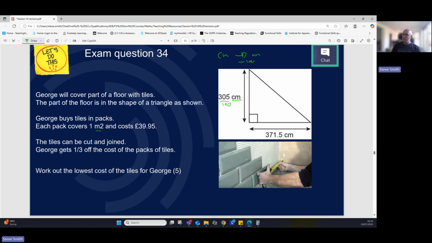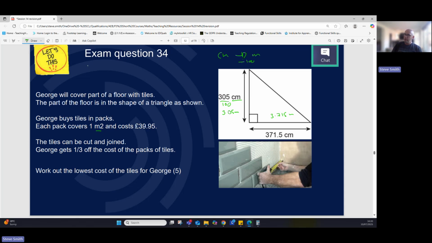I can move my decimal place 2 places in. 3.05 meters. Same with this one, 2 decimal places in, 1, 2. That becomes 3.715 meters. It now means that when I'm getting my multiplication of my area, I'm already in meters. I'm not having to then convert it into centimeters.